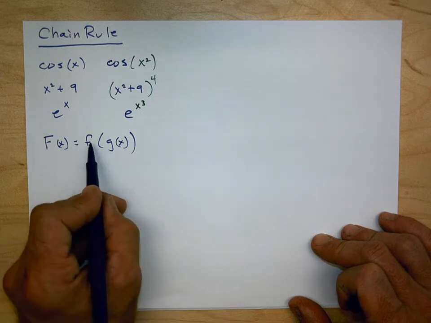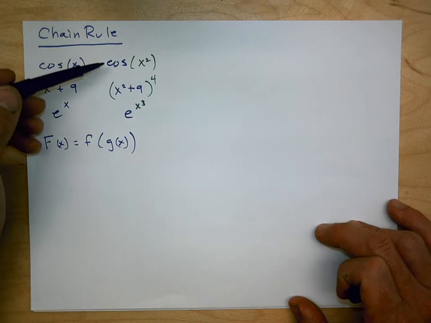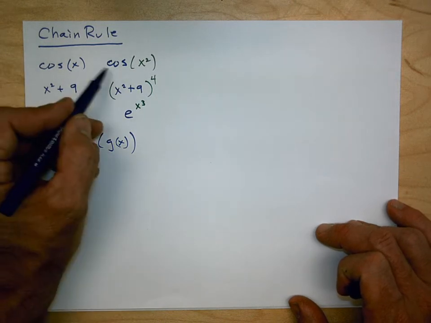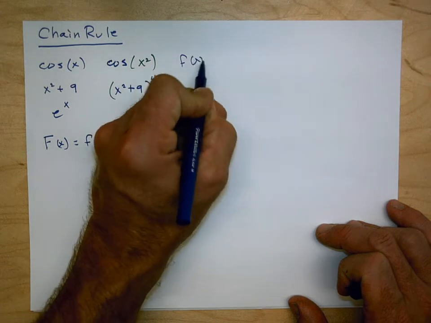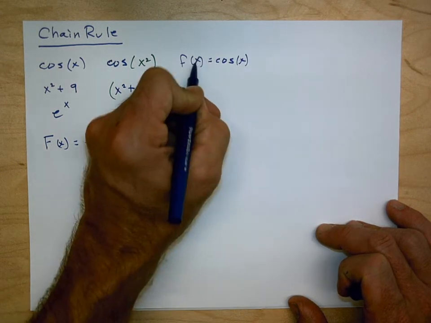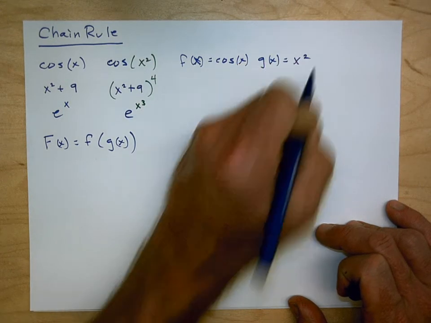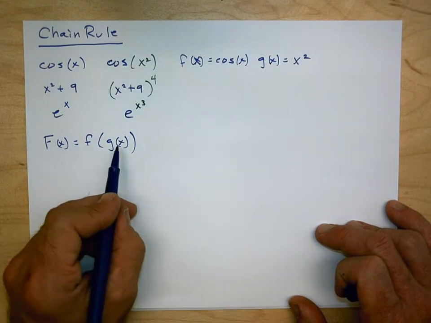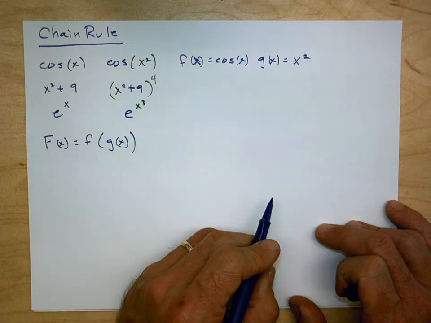If we look at this as f of g of x, one way to do this is that you hear the "of": cosine of x squared. So f of x is cosine x, and g of x is x squared. When I say f of g of x, I'm replacing x here with g of x, which is x squared.